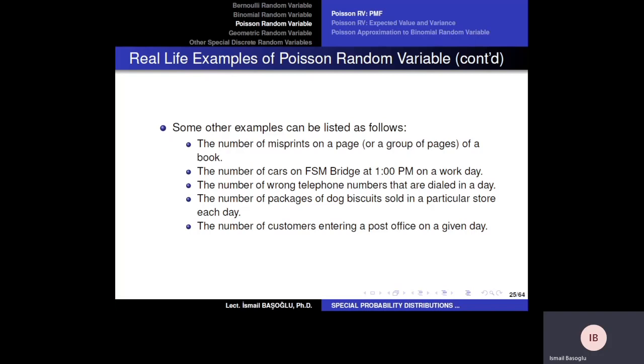Okay, so many people. But not everyone is interested in purchasing dog biscuits. However, at the end of the day, you see that some people have purchased. So there are many people entering and leaving the store. However, the probability of a person being interested in purchasing a dog biscuit is very small. Therefore, the number of people who purchase dog biscuits can potentially be modeled by a Poisson random variable.